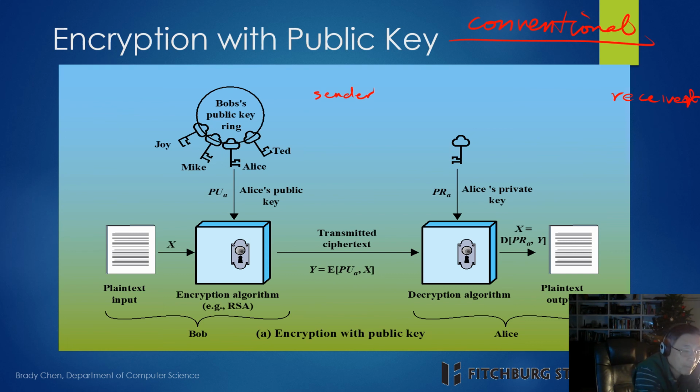Now, if the sender wants to send a message, many times we call it the plain text message, the sender needs to combine this plain text message, sometimes called X, with a key. And this is a private key.